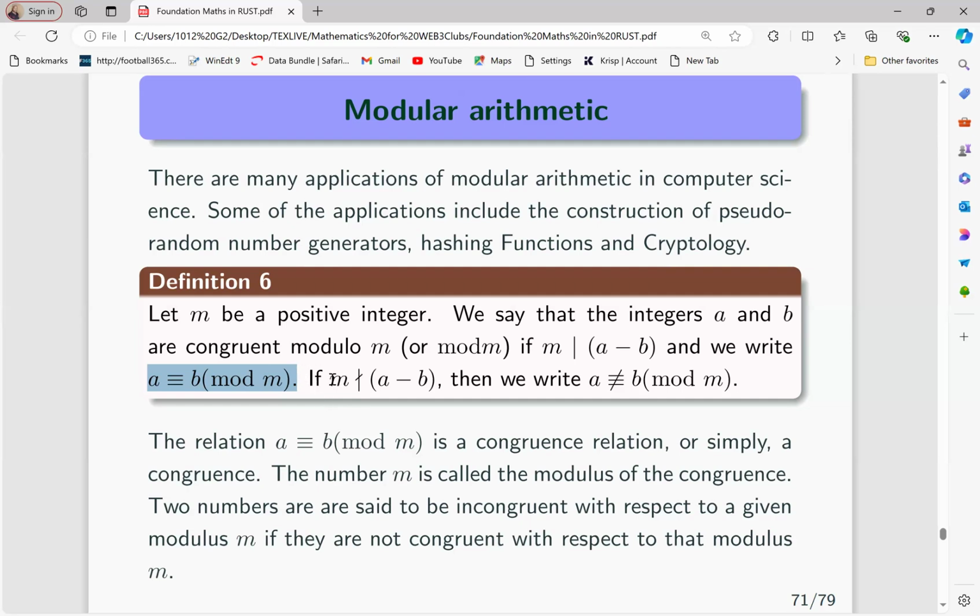Now, if m cannot divide that difference, this is how we write it. If m cannot divide a minus b, then we say that a is not congruent to b mod m. That's how we read this statement.